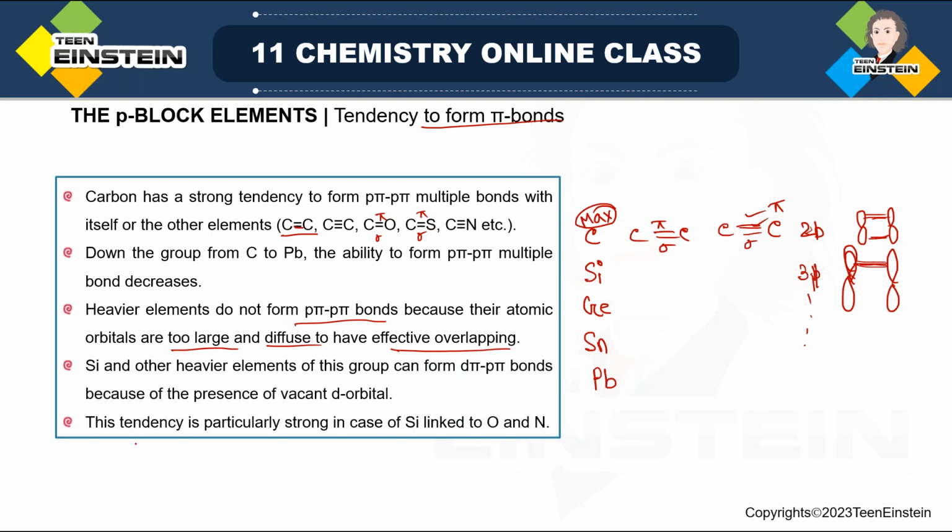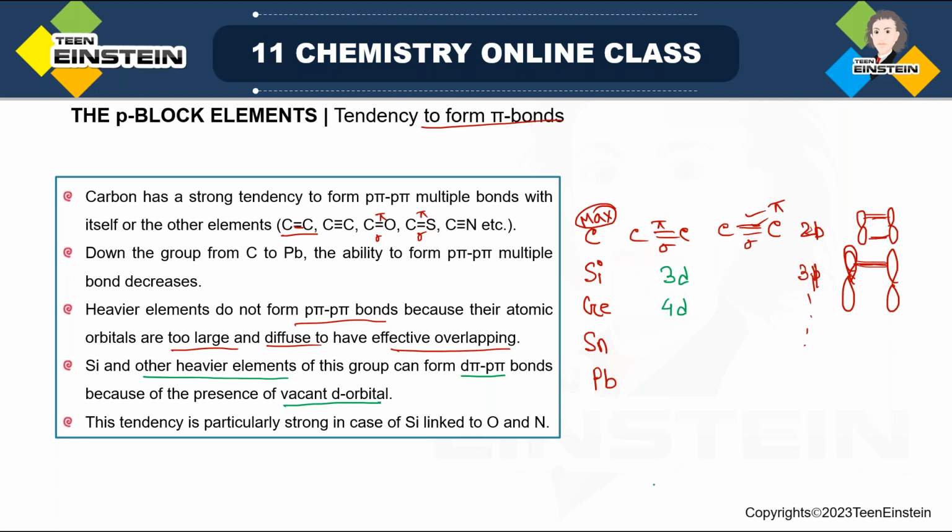In case of silicon, the next element after carbon, and other heavier elements of this group, they can form d-pi bonds, and that is possible because they have vacant d orbitals. In case of silicon there is presence of 3d, here we have presence of 4d.